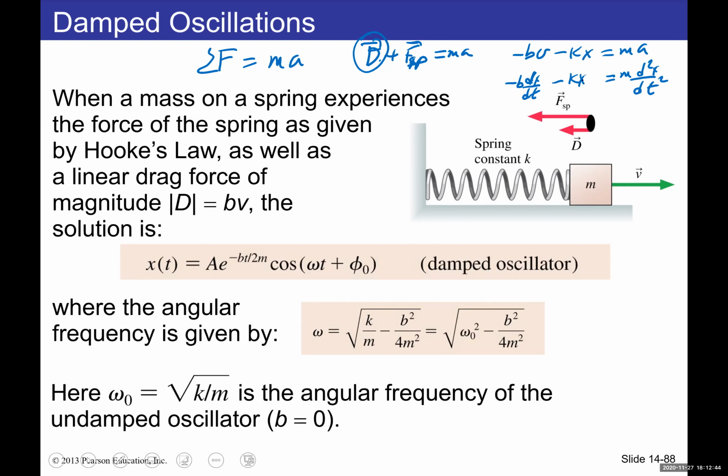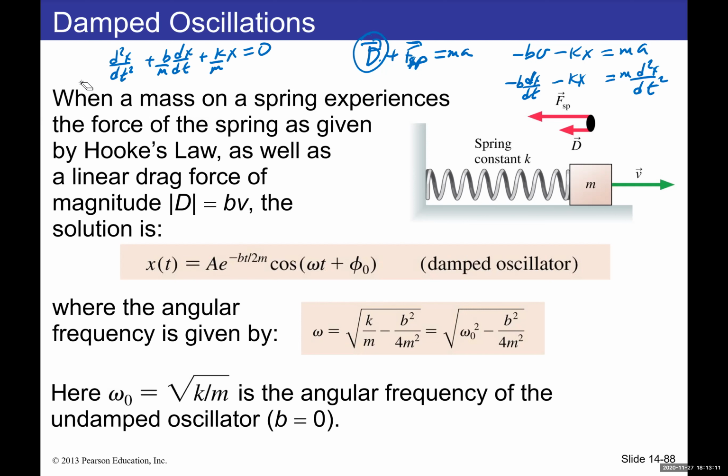If I rearrange everything, I end up with m times d square x dt square, plus b times dx dt, plus k times x equals 0.